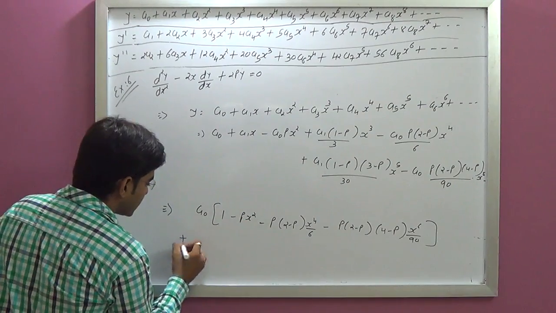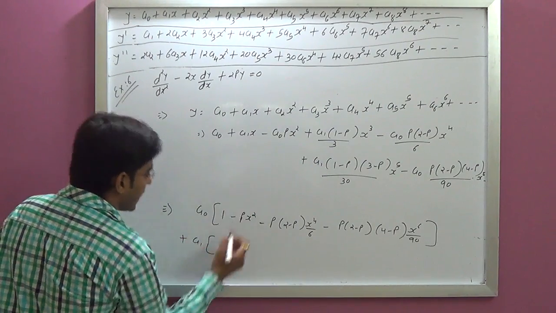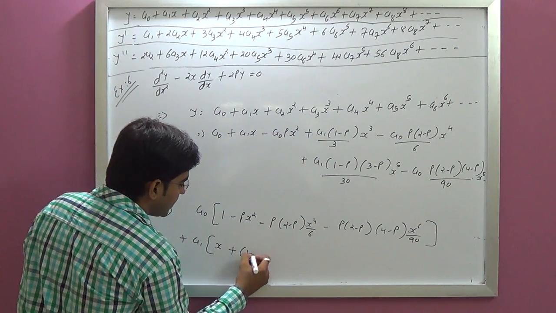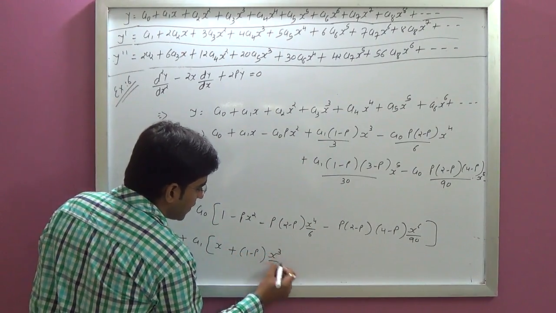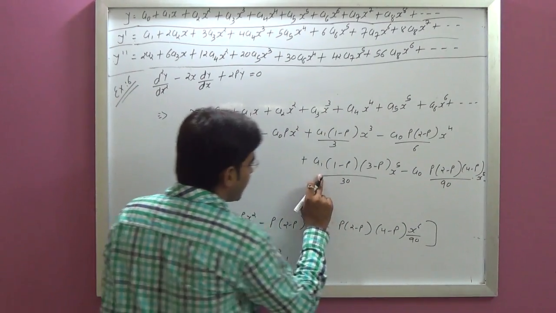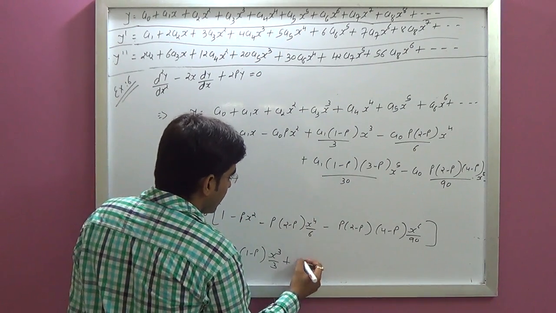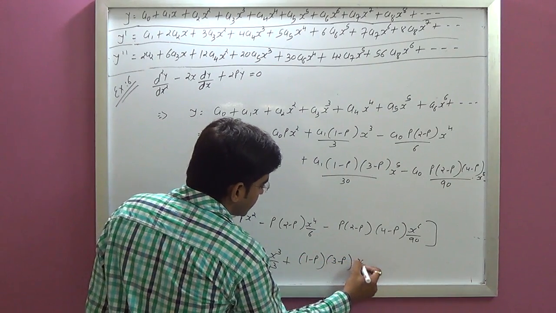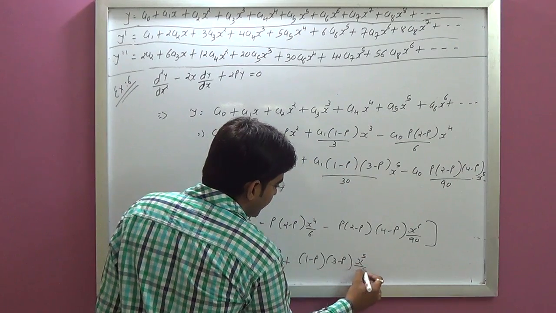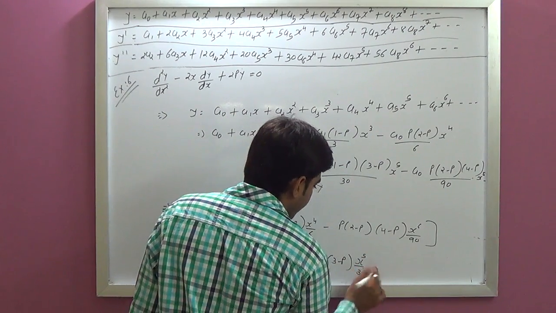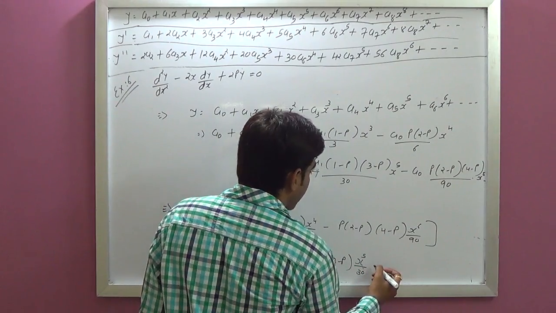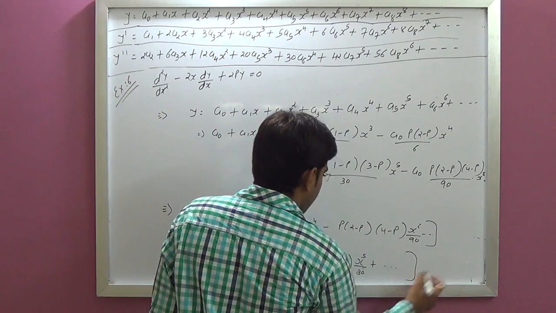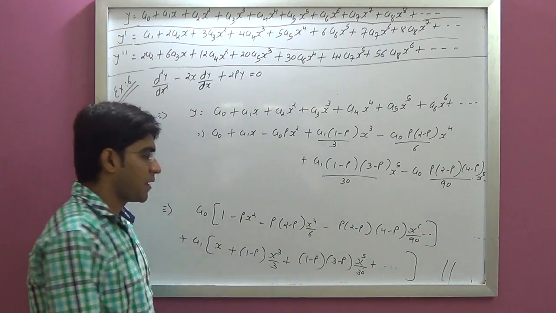Now a1 here comes x, plus 1 minus p x cube by 3 plus 1 minus p 3 minus p x raised to 5 by 30, right? This kind of, okay, continue and continue. Okay, this is our final answer, right?